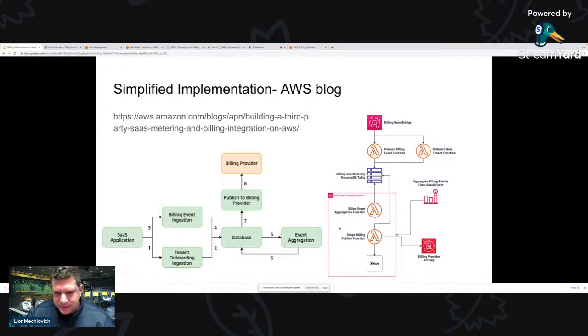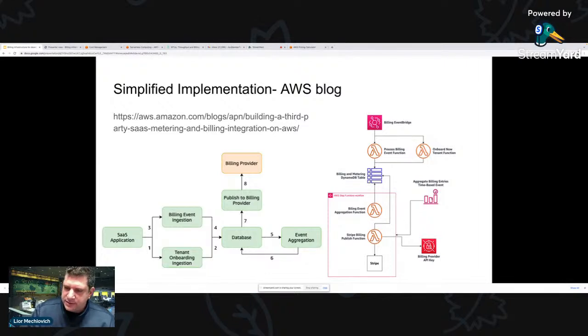In this example, there's a SaaS app broadcasting events into EventBridge, which is basically a queue, the topic that billing events are being published on. There's a Lambda function that processes this event and saves it into a DynamoDB table.